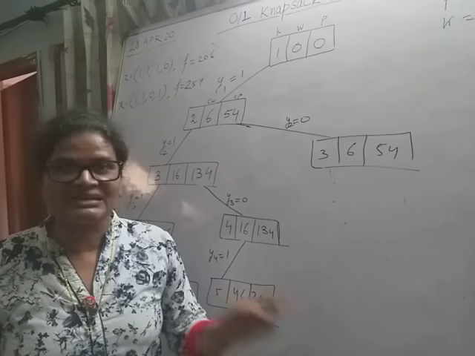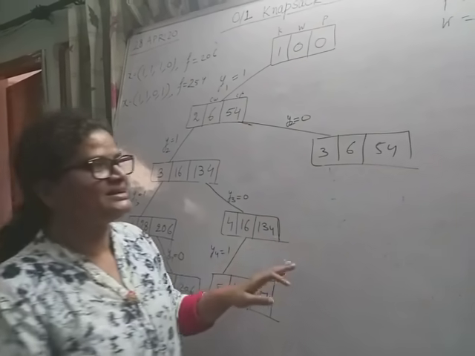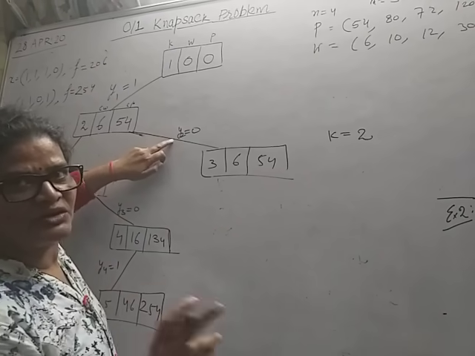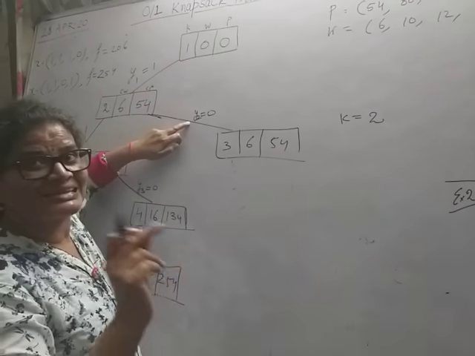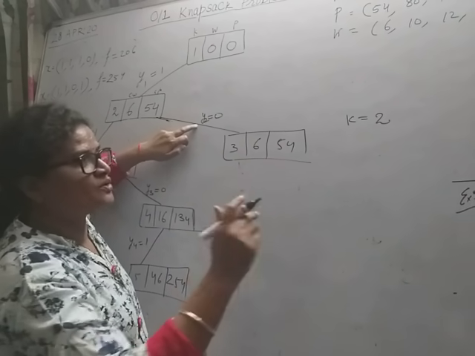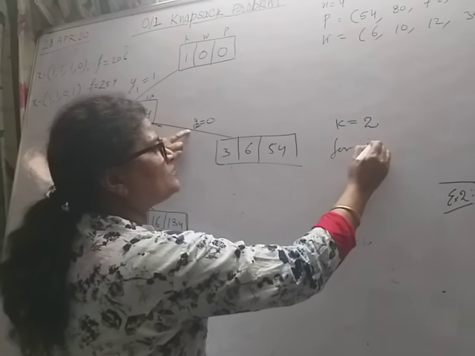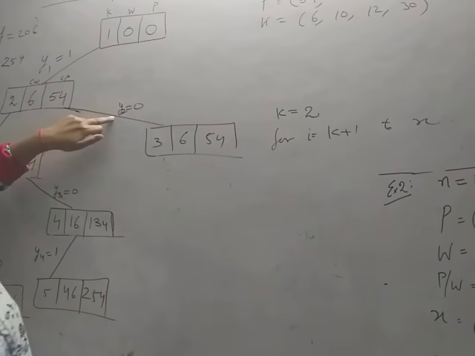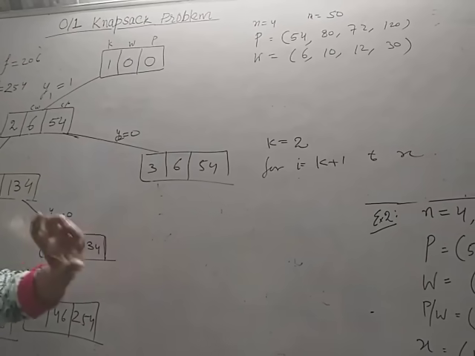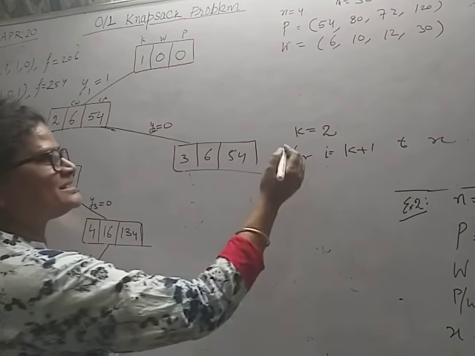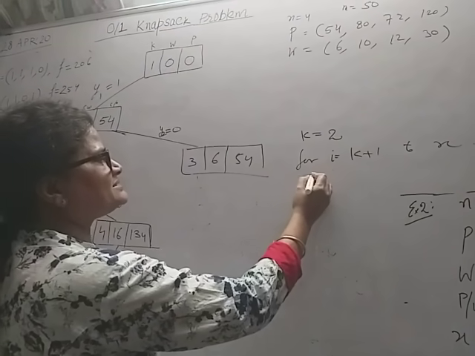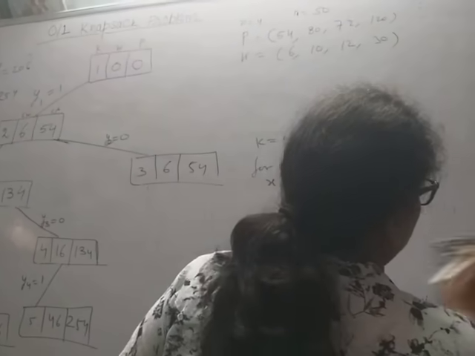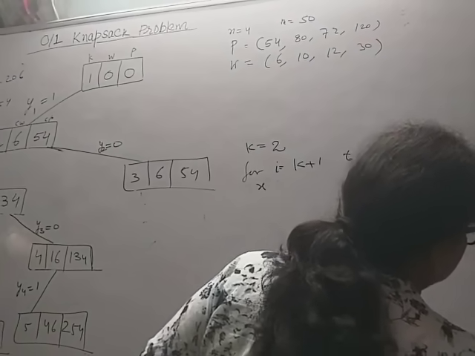For this, the value of k is 2, where the second object is excluded. So for i equal to k plus 1 to n, where the value of n is 4, that is 3 to 4, relax the condition. Just relax the condition.